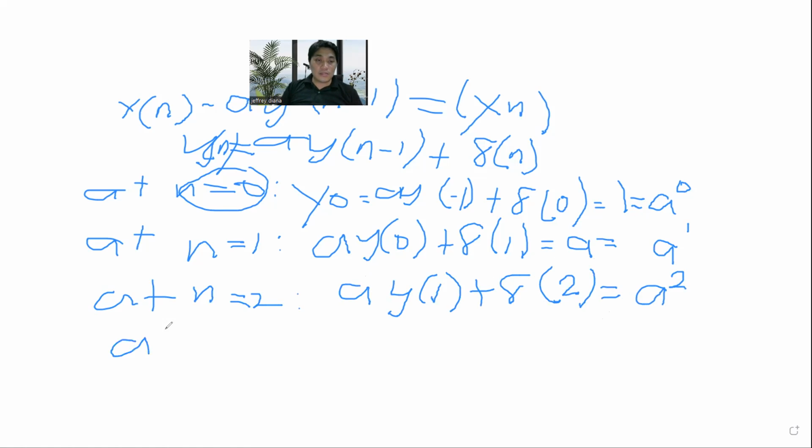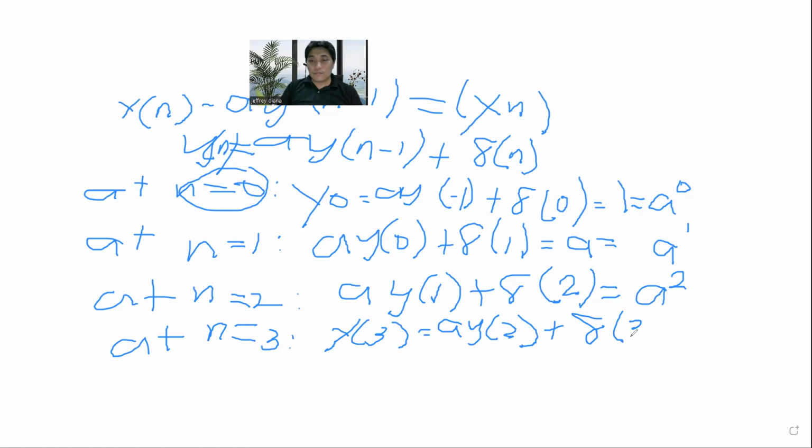And lastly, for n equal to 3, y[3] is equal to a times y[2] plus delta[3], and the answer will be a to the power of 3.